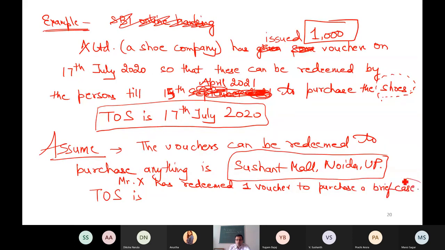So the time of supply will become 2nd Jan 2021 for this one voucher. When another voucher is redeemed by another person, then the time of supply will become that date. This is the point.